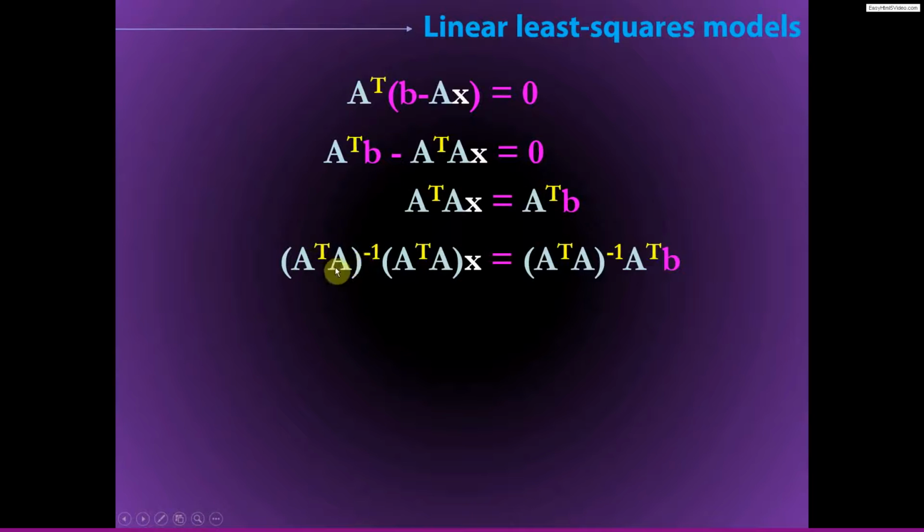But anyway, this is the inverse of this, which means all of these four matrices together reduce to the identity matrix. And of course the identity matrix times X is just X. And then here we're left with all this stuff over here. So this is A transpose A inverse times A transpose times B.